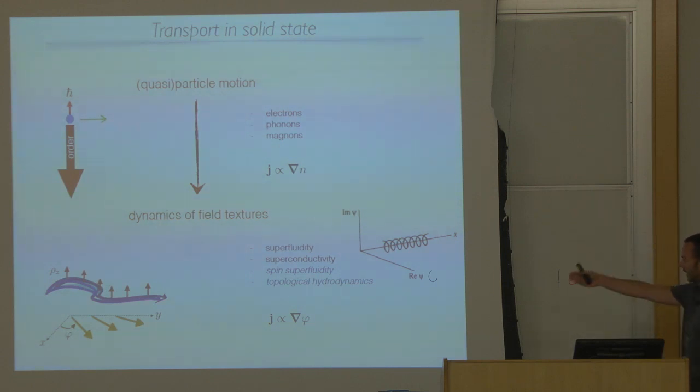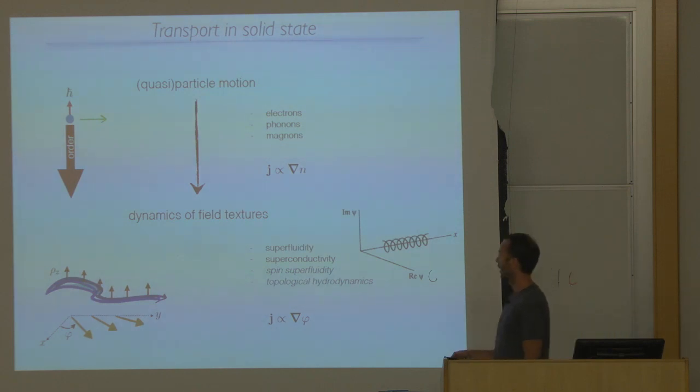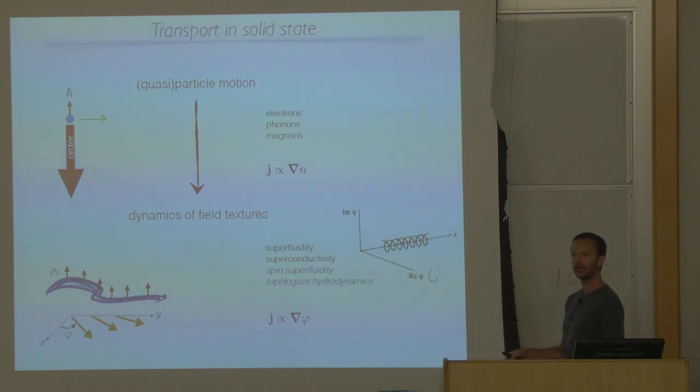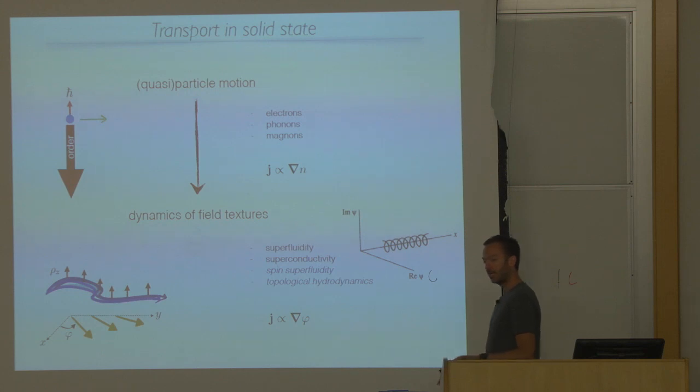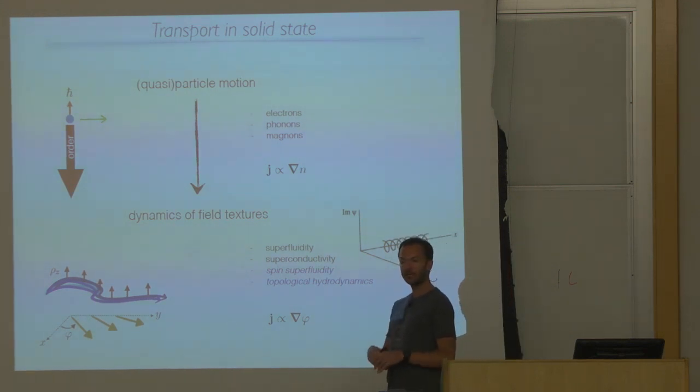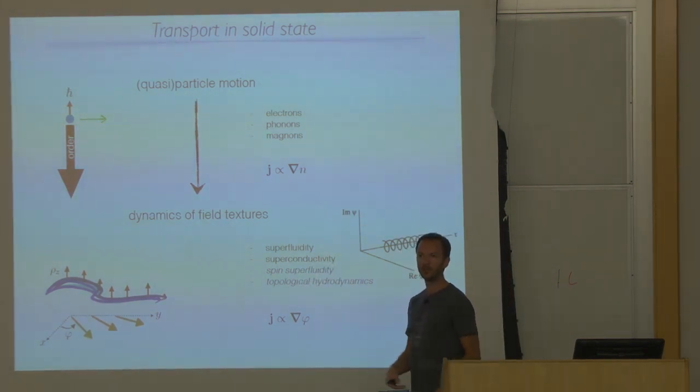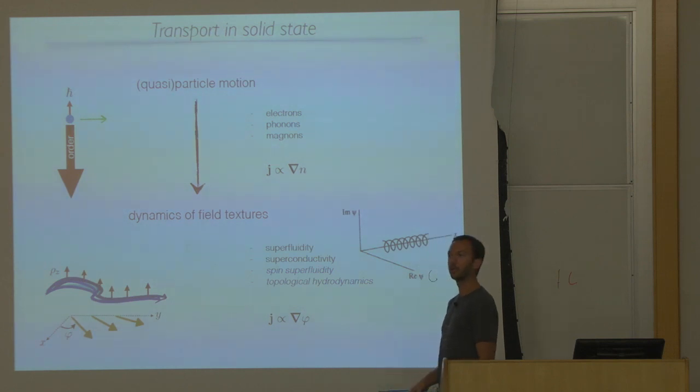Okay, so that is the outlook for the progression of my talk. Via spin superfluidity, I'll try to formulate our general perspective on topological hydrodynamics in magnetic insulators. Much of what I'm going to say concerns, in many real materials, even room temperature transport phenomena. So we don't have to go to very low temperature regimes.